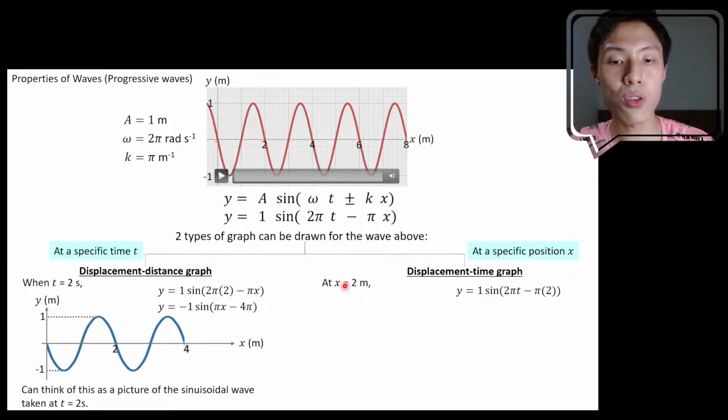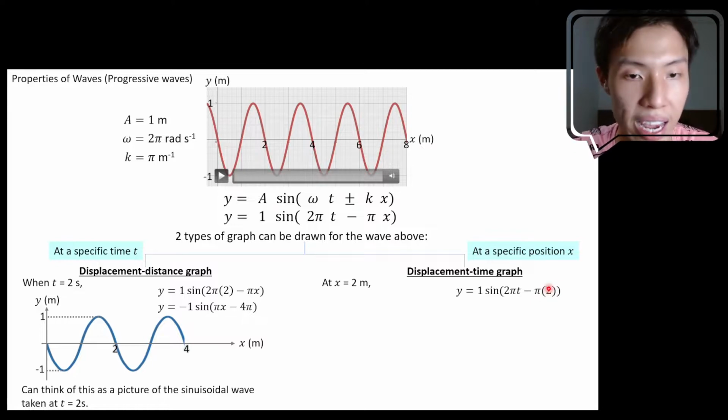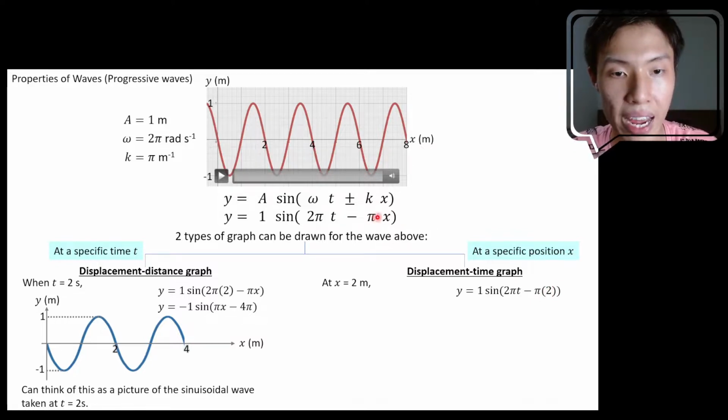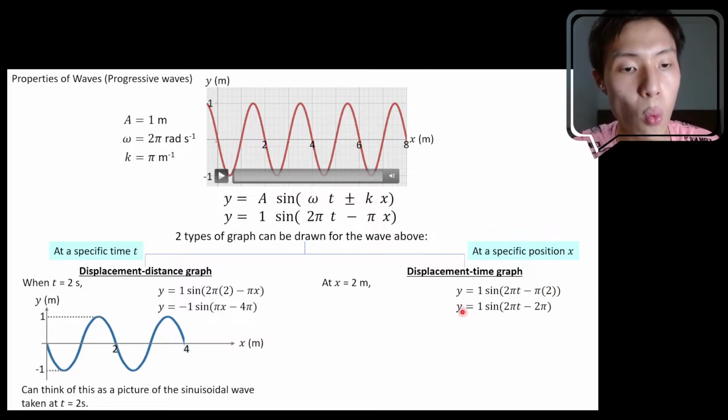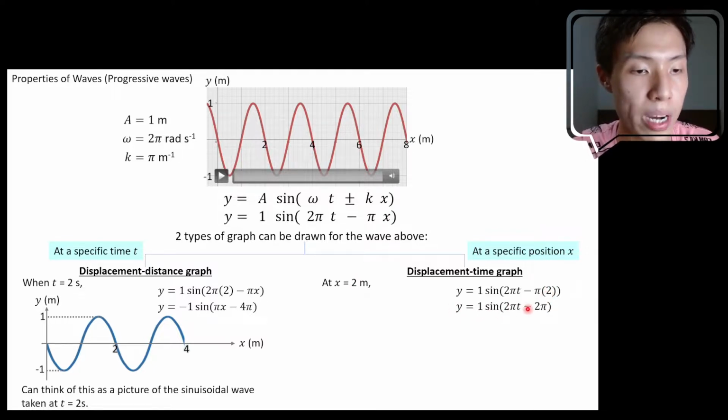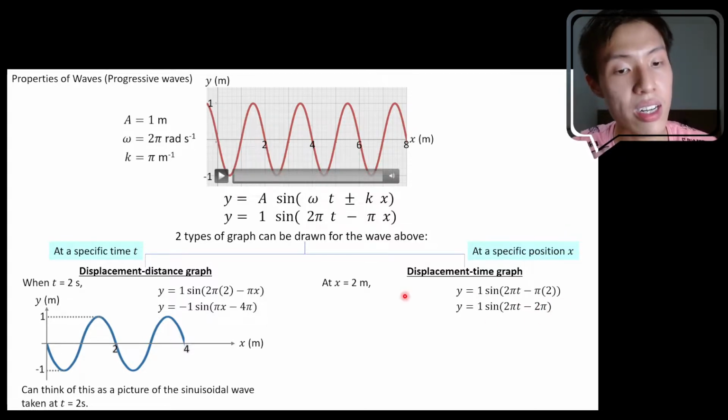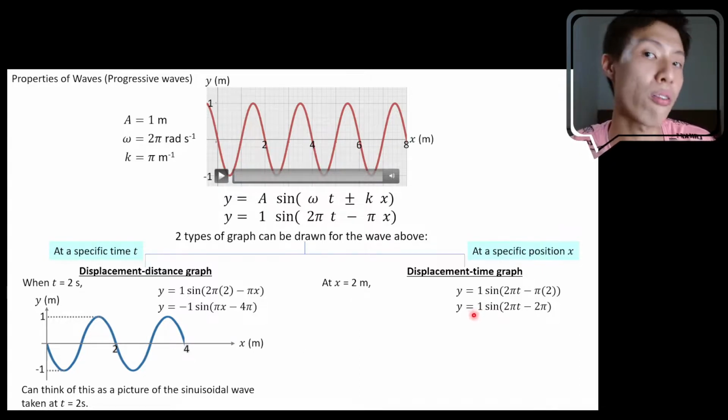So what we do is we substitute x equals 2 to replace the x over here. So pi x, you substitute x equals 2 inside, then you get your equation y equals 1 sine(2 pi t minus 2 pi). If you look at this equation, it is exactly the same structure as what you learned in chapter 9 for the displacement equation of SHM.